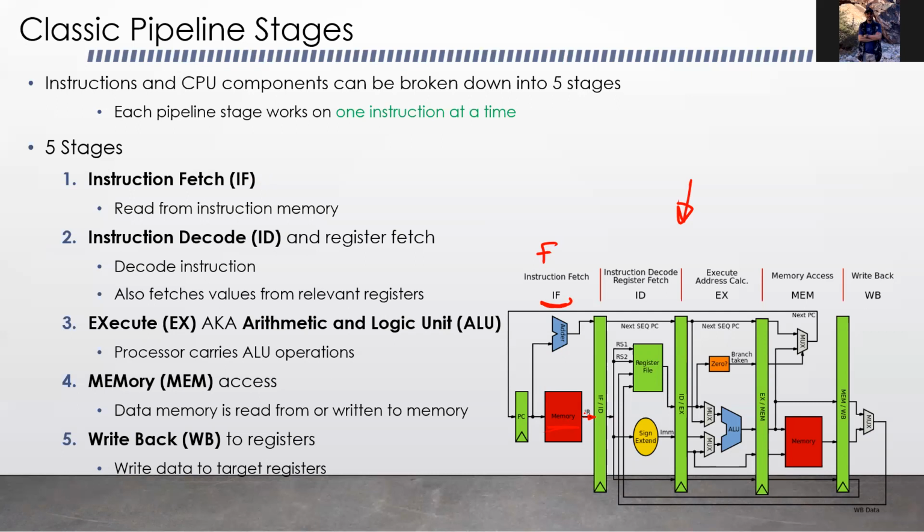Then another circuitry is for decoding. So you need to know what this instruction is. Is it subtract? Is it addition? Is it jump? Whatever. There are many instructions in assembly, as we saw. So another circuit needs to know what this instruction is. And at the same time, if this instruction will use some of the registers, we need to read these registers.